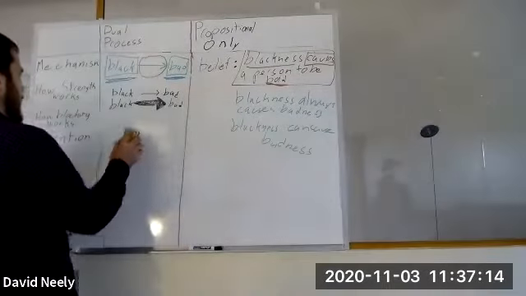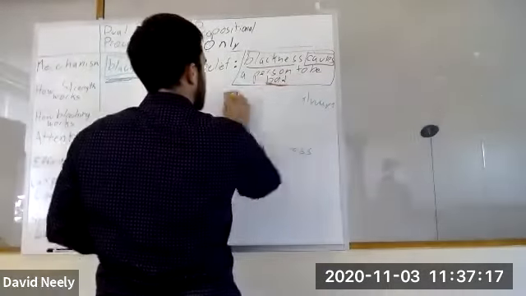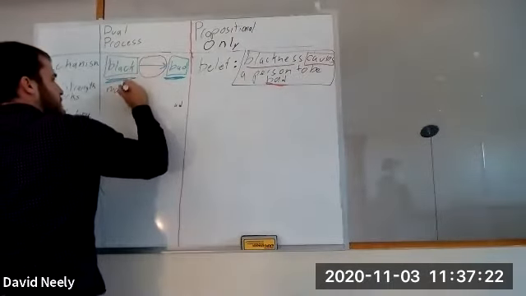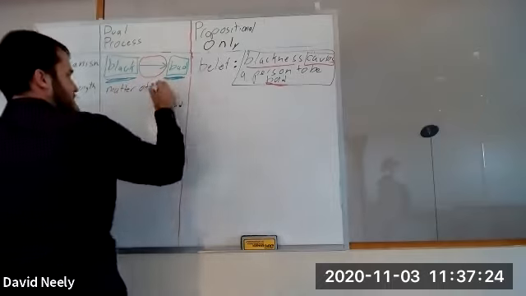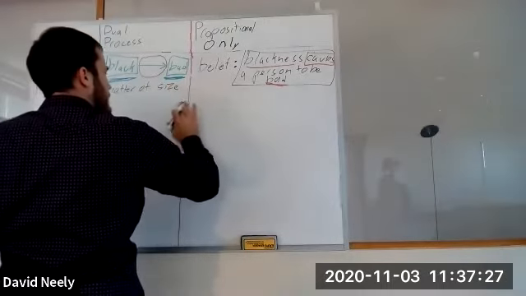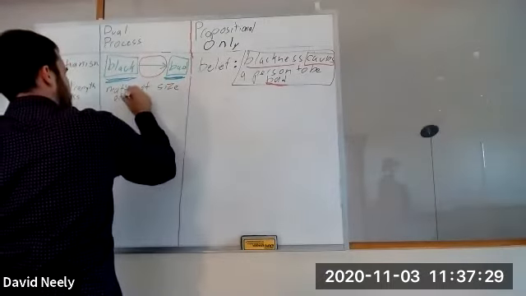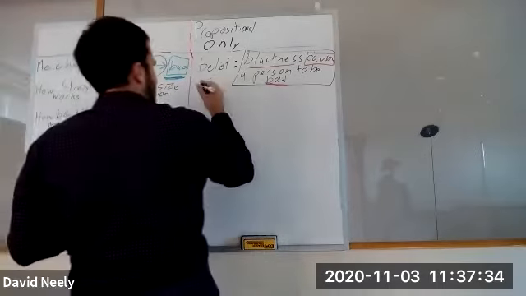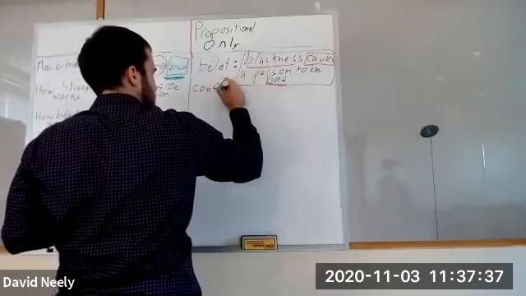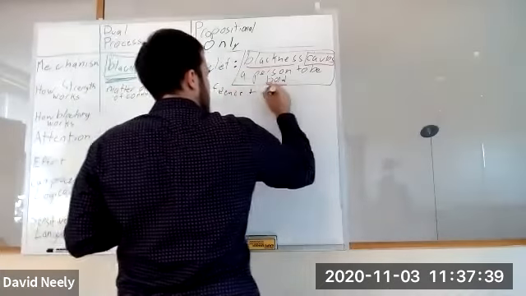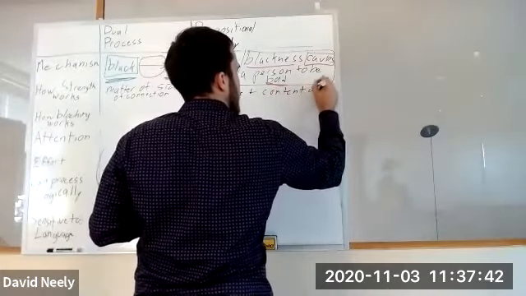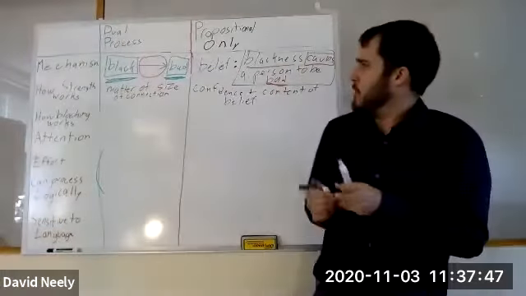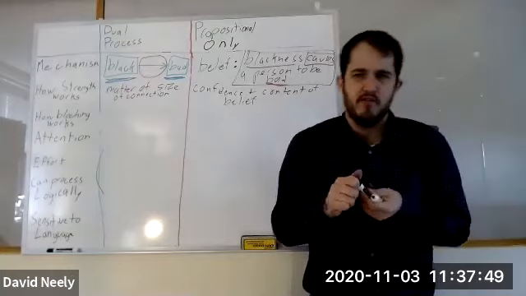So over here, strength is a matter of size of connection, while over here, strength is a matter of confidence and content of belief. Does that make sense to people? This is just another way to bring out what the substantive differences between the two views are.